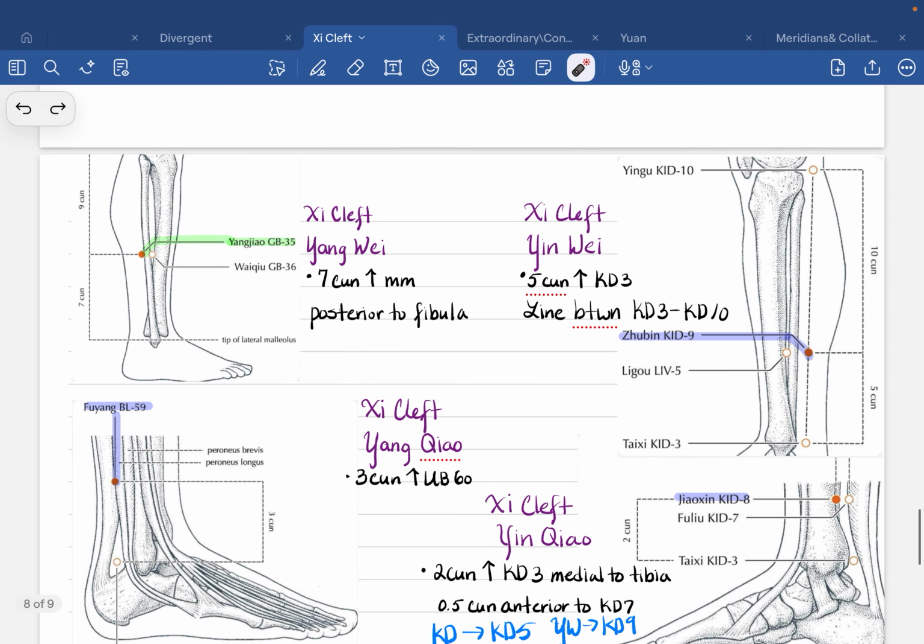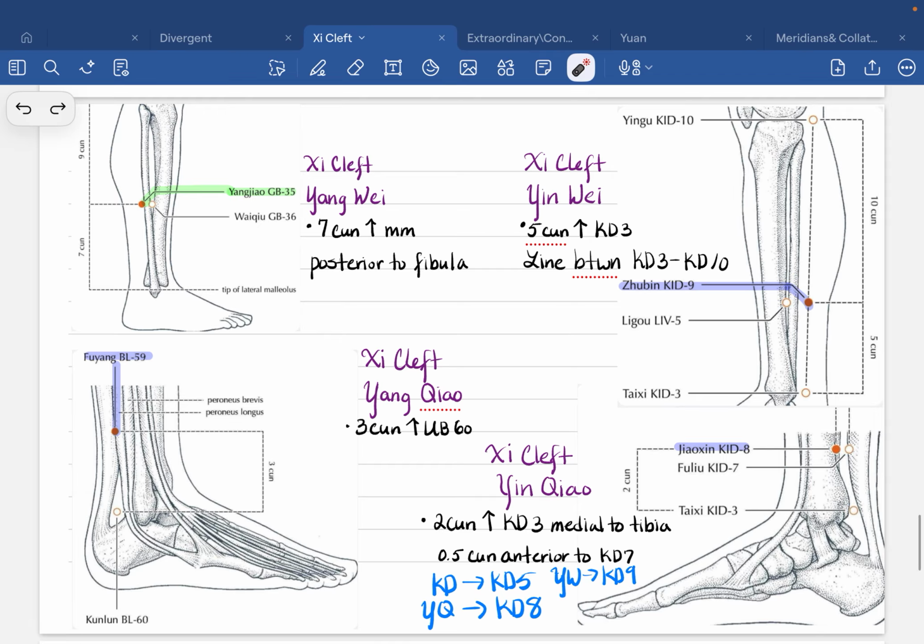I'm trying to think of something that you guys can remember. Why yang wei would be associated with GB and why yang qiao would be with UB 59, but nothing comes to mind. The only thing is I would probably try to remember it in this order, 5, 8, 9, so that you guys don't get confused.